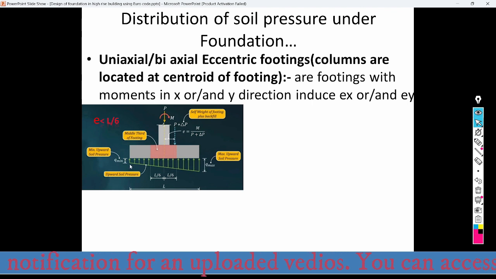So in this case, there is a trapezoidal soil pressure distribution under the footing here. So this is basically advisable. This kind of soil pressure distribution is applicable for the design of foundation. So we have P here and we have the eccentric moment M here.